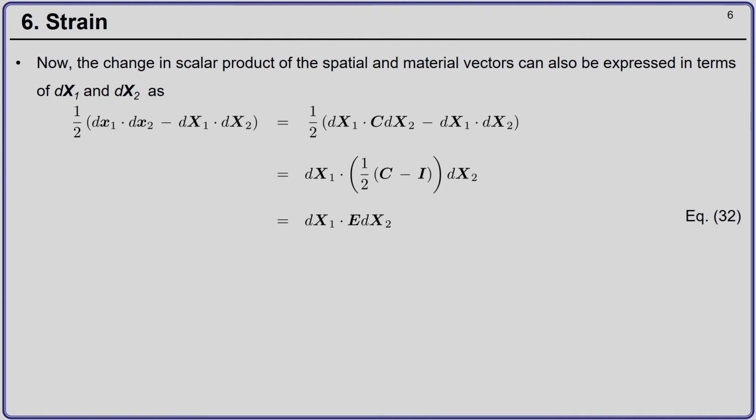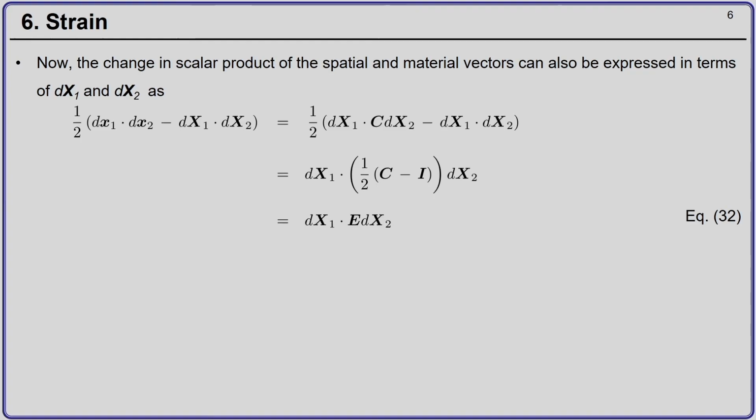Now, let us consider what happens to the change in the scalar product of spatial and material vectors. Till now, we have computed the scalar product of the spatial vectors and the material vectors separately. Now, let us consider what happens to the change. So, what we will do? We will take the difference of the scalar product of the spatial vectors and the material vectors, and we have put 1 by 2.